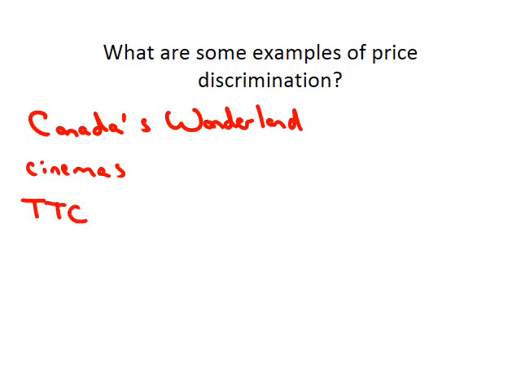Sometimes, hopefully you're not going into bars for happy hour, but sometimes there's ladies' night, where women have lower price drinks or admissions to different venues. Certainly for the airlines, when we're looking at business versus vacation travel.